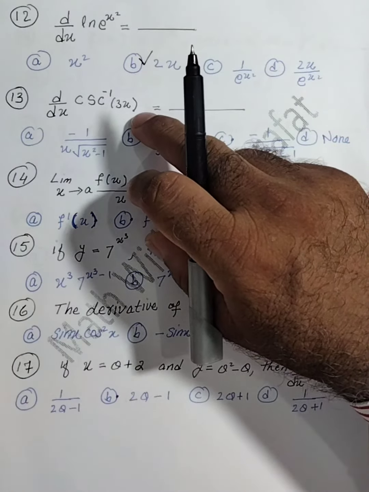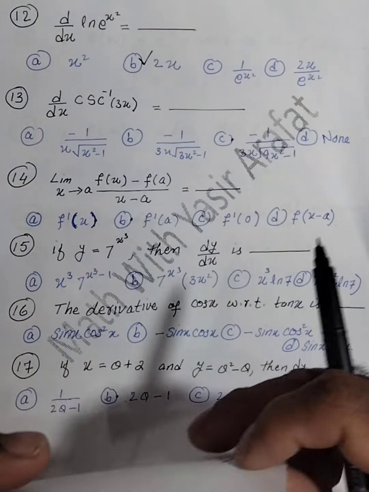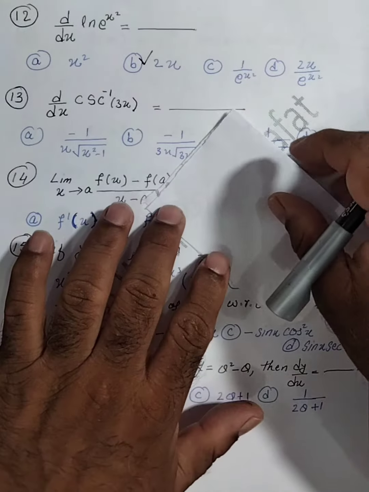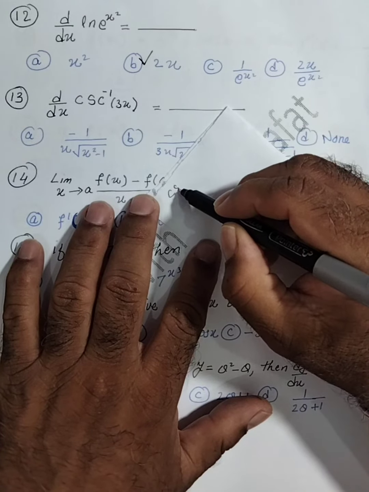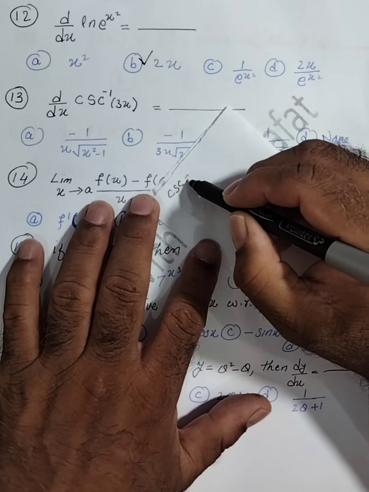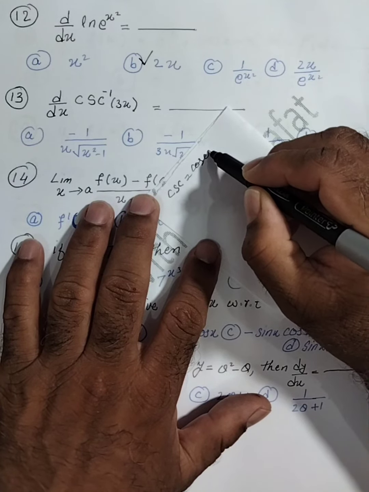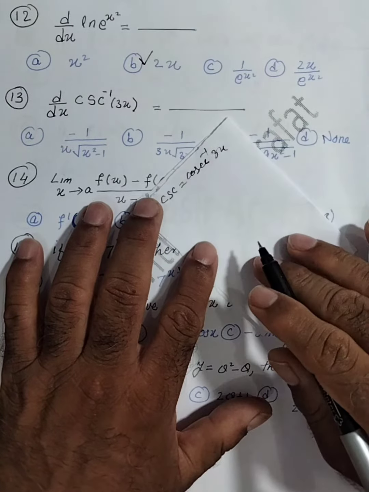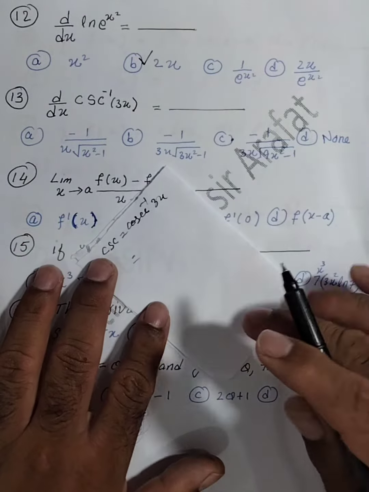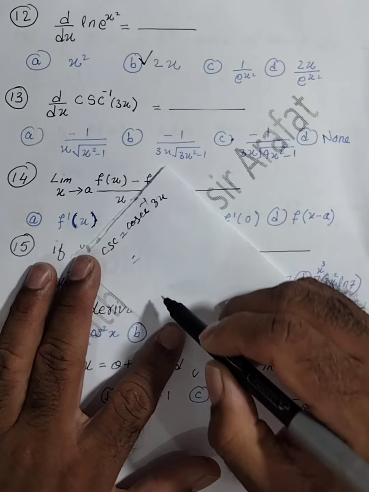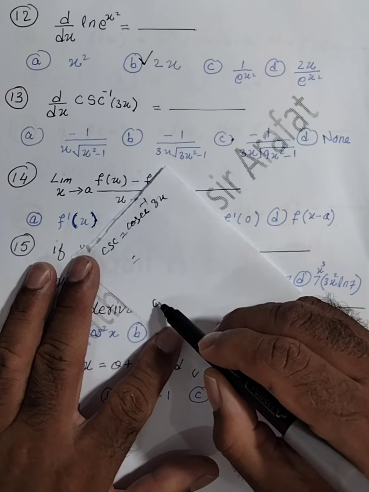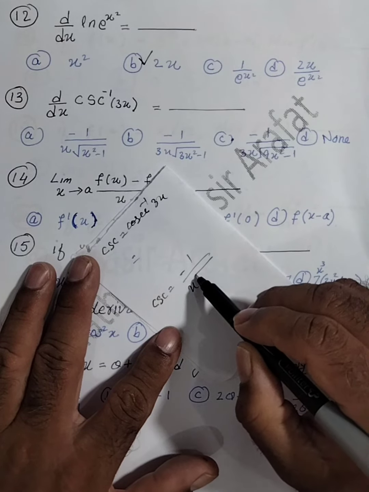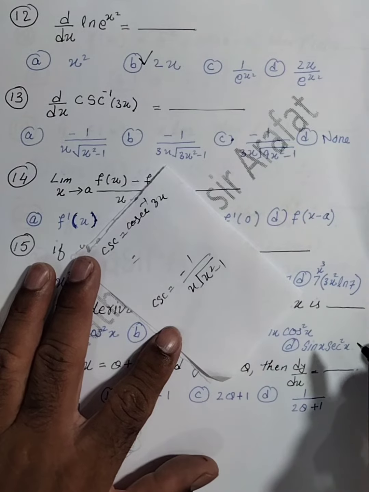Now come to the 13th part here, 13th MCQ. CSC means the short form of the cosec function, and this is cosec inverse of 3x. So for the derivative of cosec inverse x, we have a formula. I am going to write down the formula here: it is equal to minus 1 over x times the radical of x square minus 1.